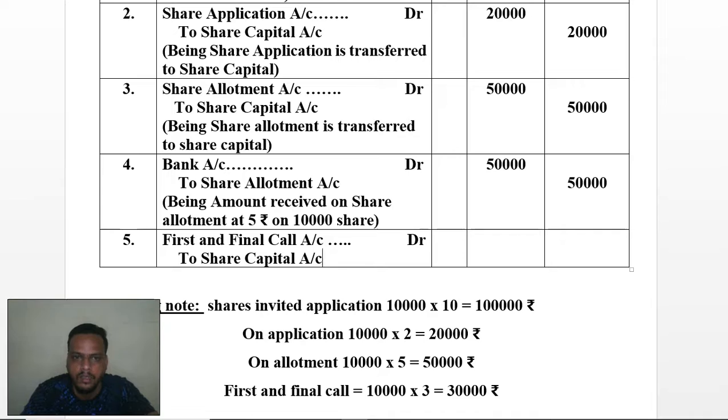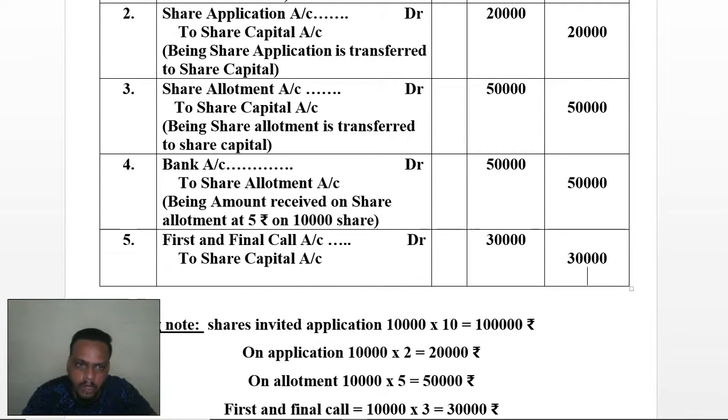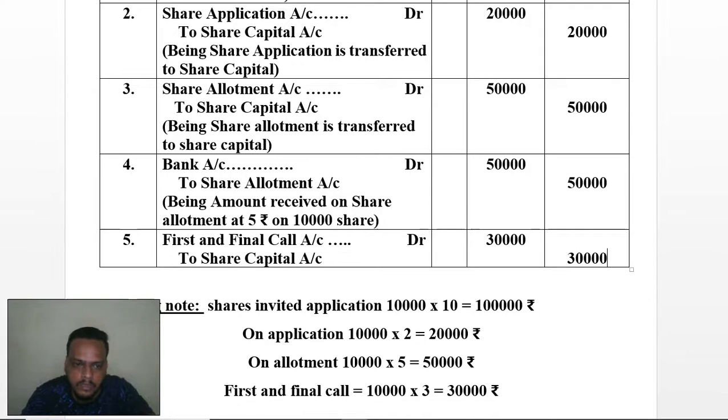Again, you ask for the due and this due amount has been transferred to share capital. The total amount will be 30,000. Now after the due, your money will be received.